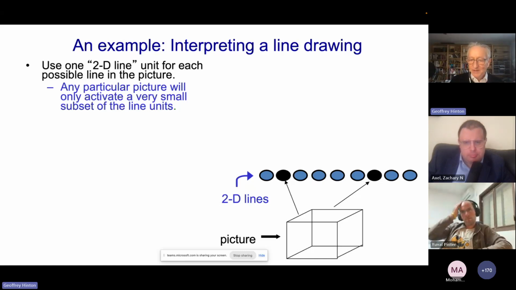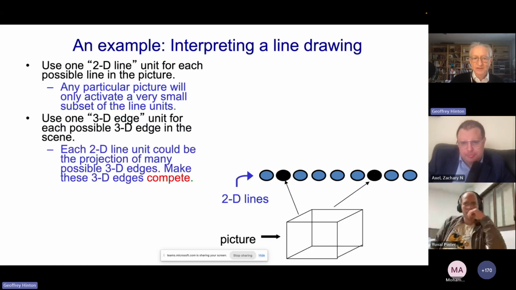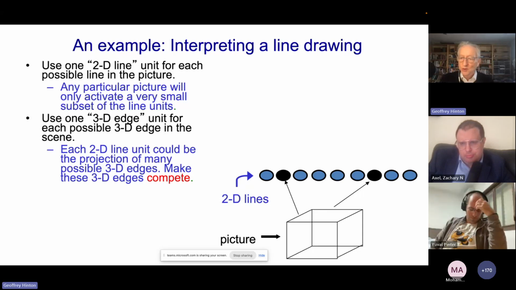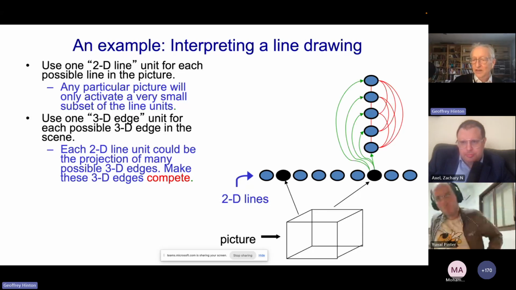And so in this image, there's two particular lines, and I'm showing you the two neurons that become active if those lines are present. In general, only a few of these will get active in each image, because most of the lines aren't there. And then for each of these lines, we can have a bunch of 3D edges, and these edges should compete. Those green arrows are connections with positive weights that say if you see that line, you should try and activate all of these 3D edges.